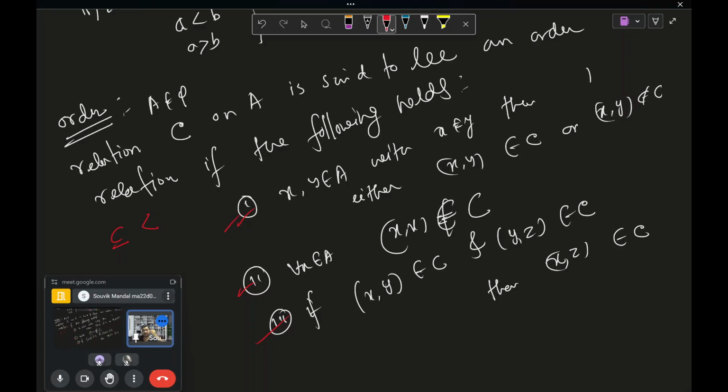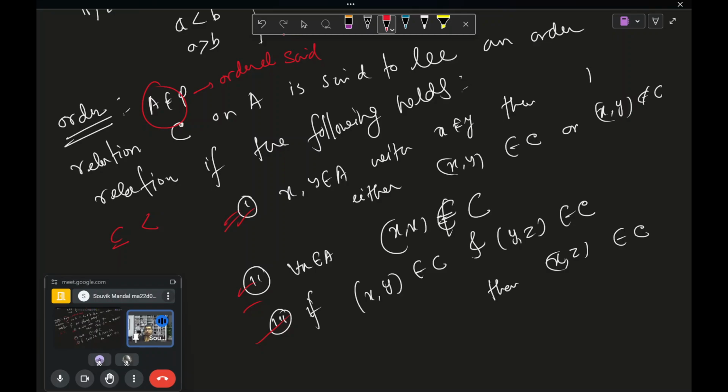If these three properties hold, then the relation C is said to be an order relation, and the set A is said to be an ordered set. So this is what we mean by an ordered set.